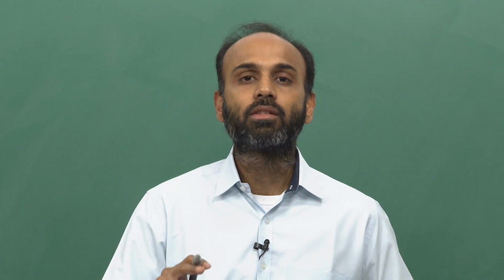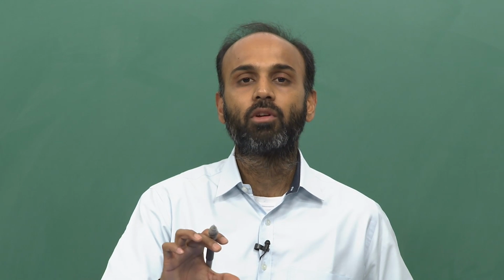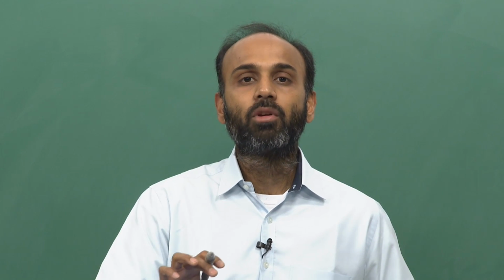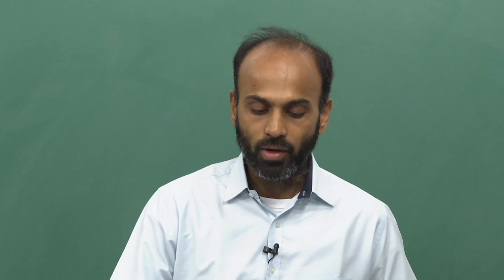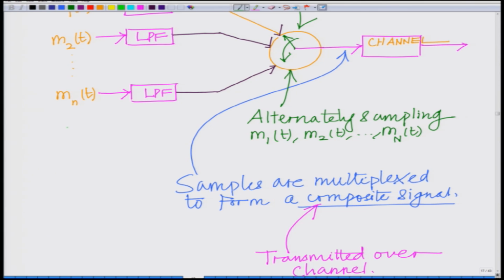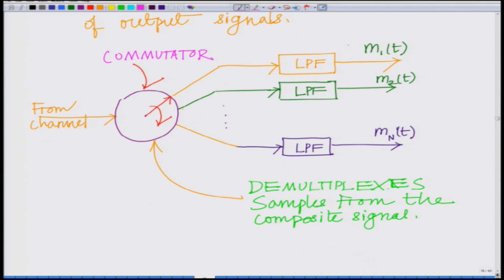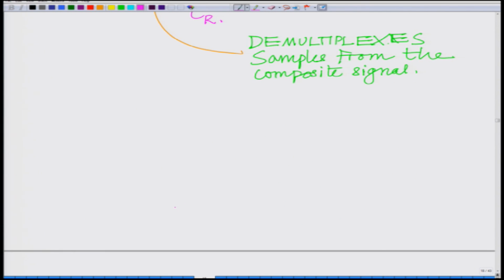Now it is important to note that these two commutators, the commutator at the transmitter, which we call CT, and the commutator at the receiver, which we call CR, have to be synchronized, because of the switching frequency.